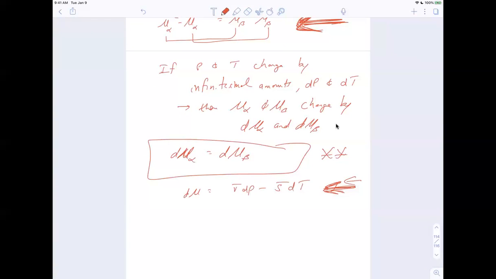So that gives us V bar in phase alpha dP, which is this coexistence pressure. So we'll write this as dP coexistence minus S bar of alpha dT coexistence is equal to V bar beta dP coexistence minus S bar in phase beta dT coexistence.